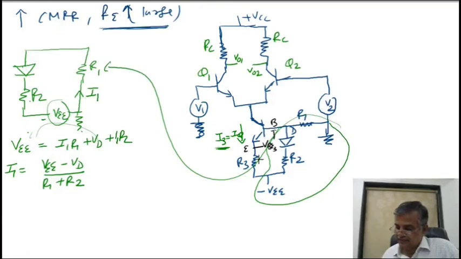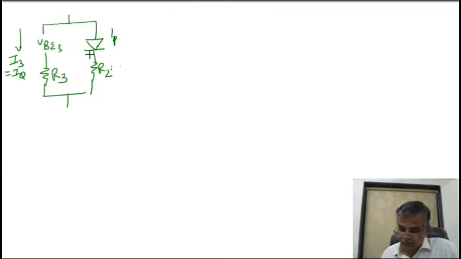R3 is in parallel with the diode and R2. So what I can say here is I3 R3 plus VBE3 is equal to VD plus I1 R2.